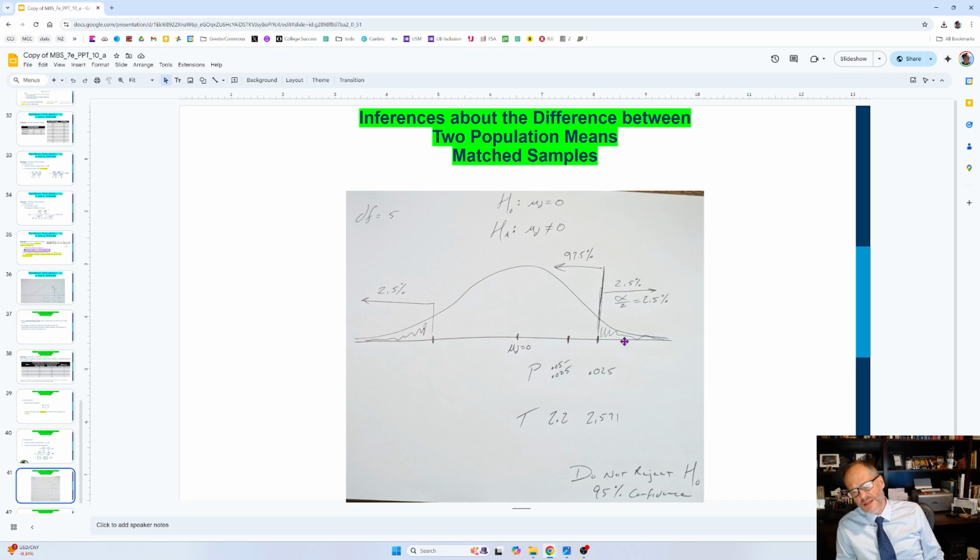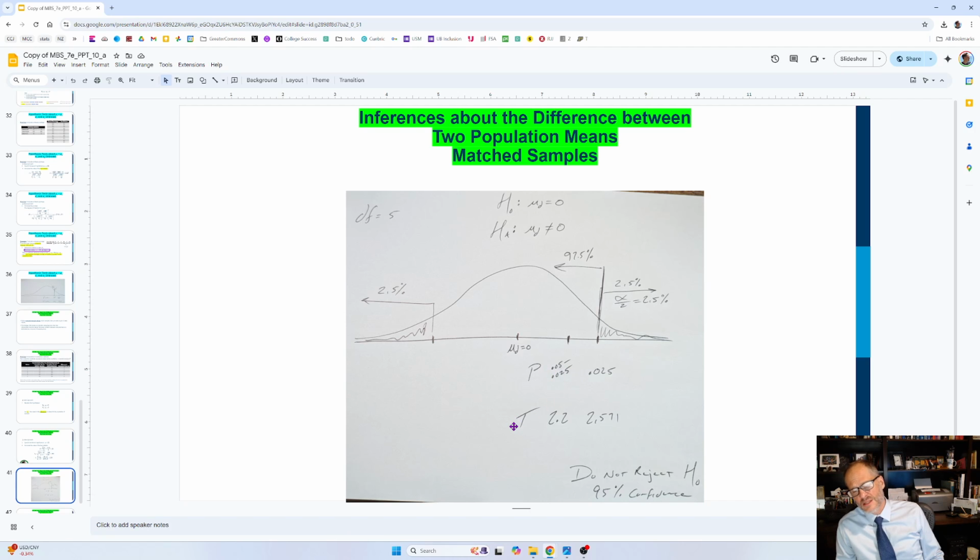If we went too far out here, we'd have to reject that. But because we're here, we could say the population mean of the differences between the completion times, with 95% confidence, is equal to 0 for all intents and purposes. And that's what the p-value approach tells us.